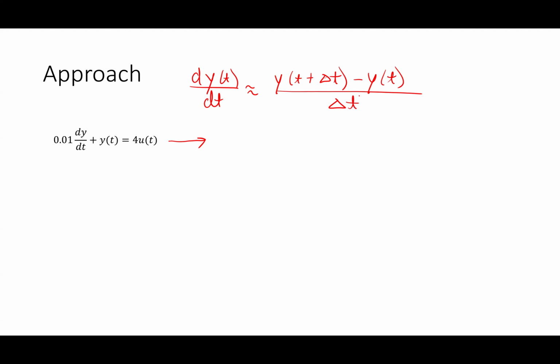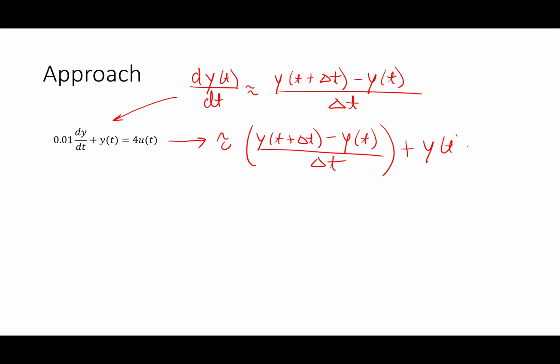I plug that in here as if it's completely true. And I end up with tau times y of t plus delta t minus y of t all over delta t, plus y of t equals 4.